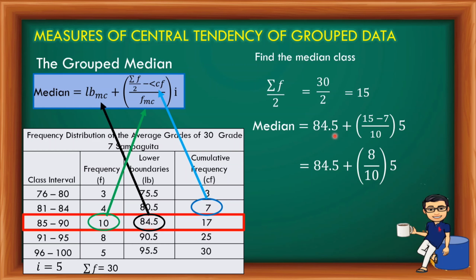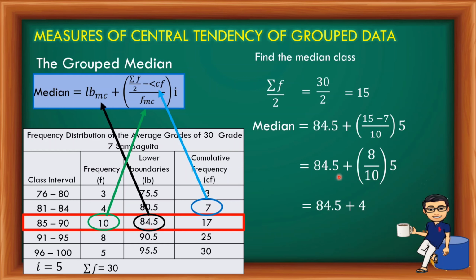Kinopya lang natin yung 84.5. Okay, copy 84.5. Next is 8 divided by 10 times 5, and that is equal to 4. So again, 8 divided by 10 times 5, that's 4. Pwede din namang 8 times 5, which is 40, divided by 10, which is 4.